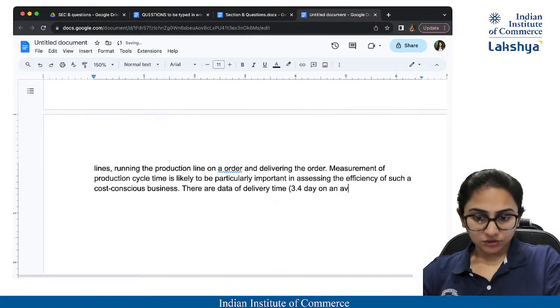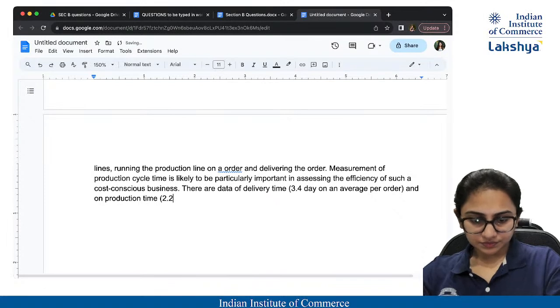So on average per order, and on production time, it's already given in the question, 2.2 per production line.